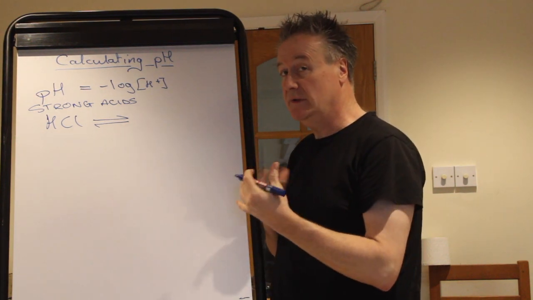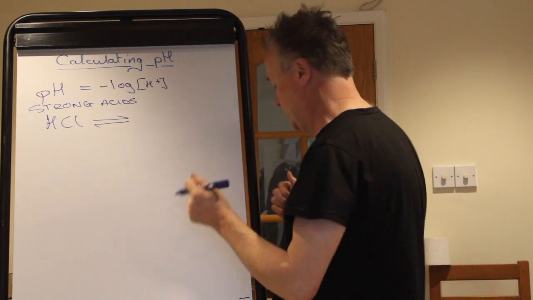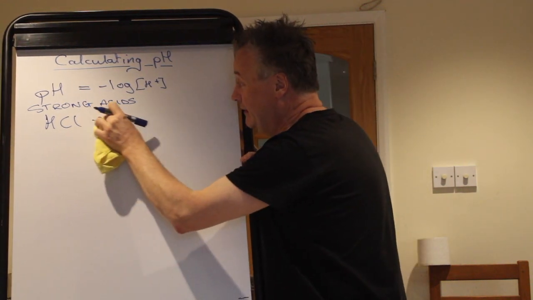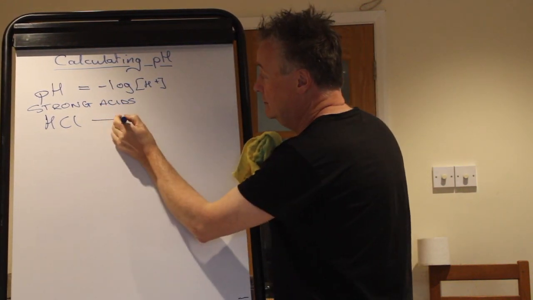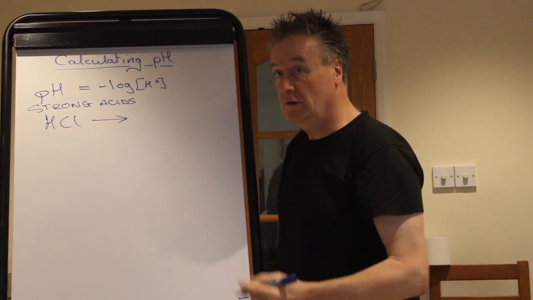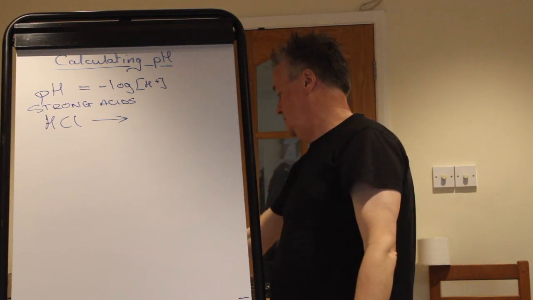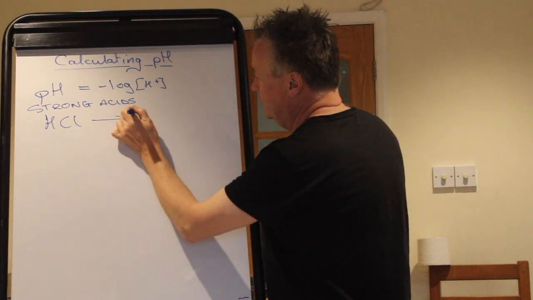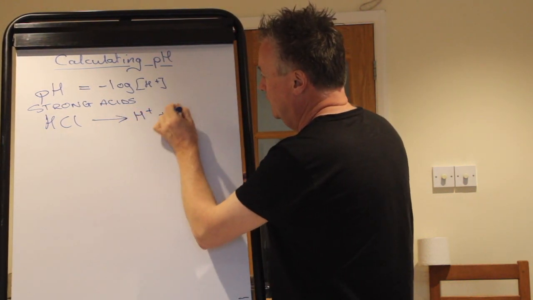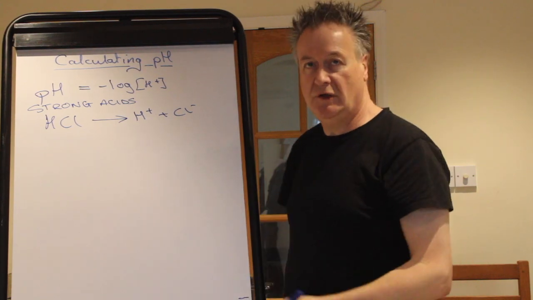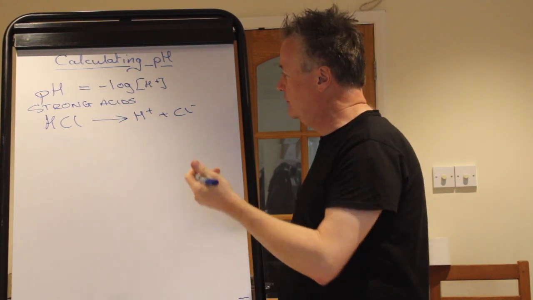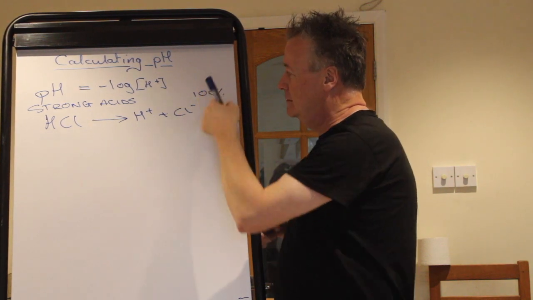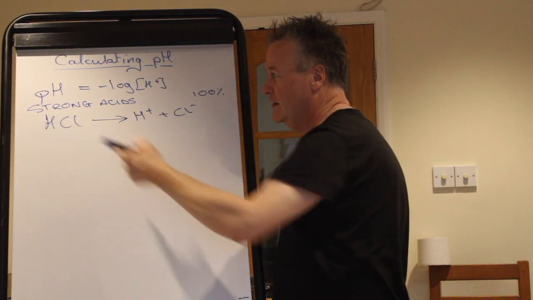Normally you would do that when you're talking about acids, but for strong acids it isn't an equilibrium arrow. It is a full on complete reaction, and that means that in this case it forms those. If it was nitric it would be H+ and NO3-, but it does 100% this and none of that.